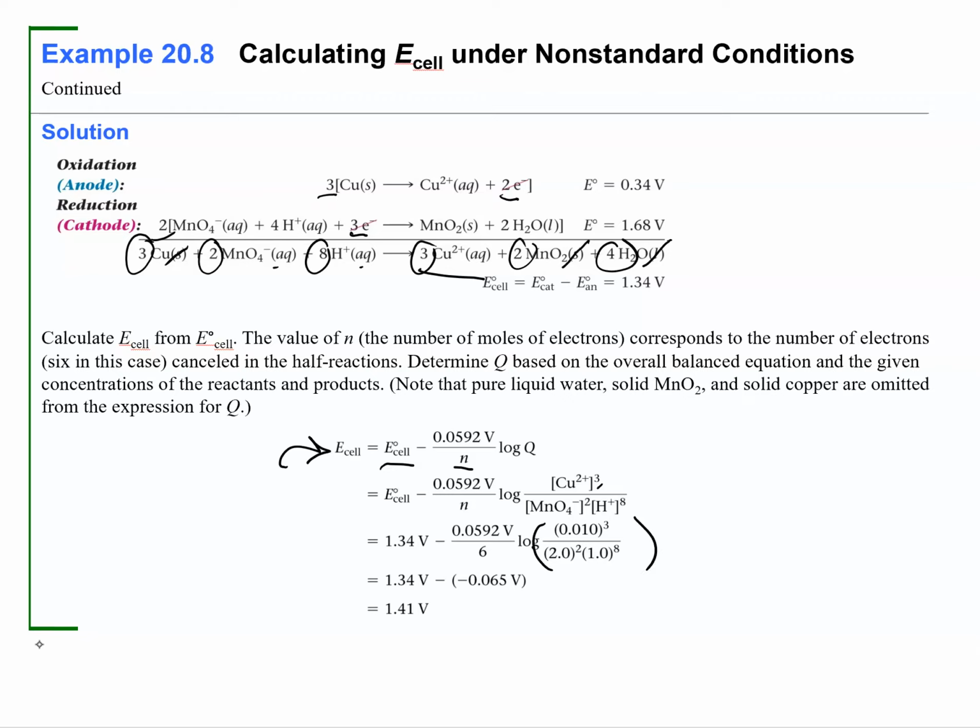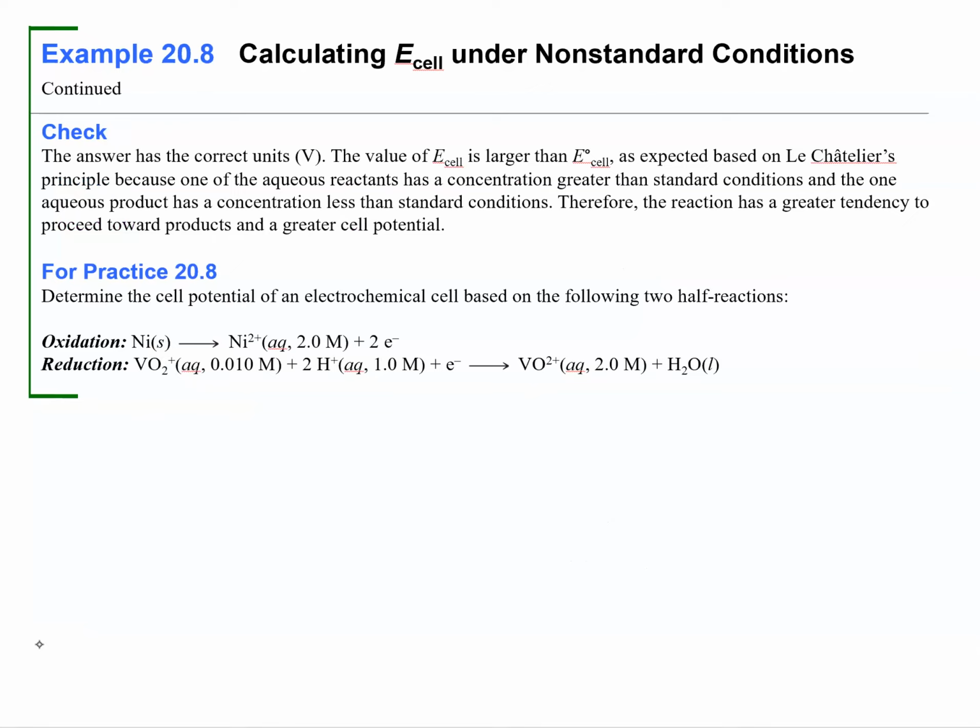And when we plug and chug all this in together, we're going to get an adjusted voltage of 1.41 volts for this reaction under the non-standard conditions that are given, which is more potential than we would have had under standard conditions. So, under these conditions, the reaction does have a greater tendency to proceed towards products because of the greater cell potential. Pretty slick.